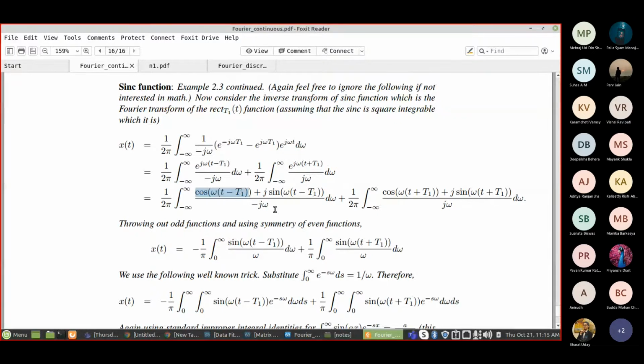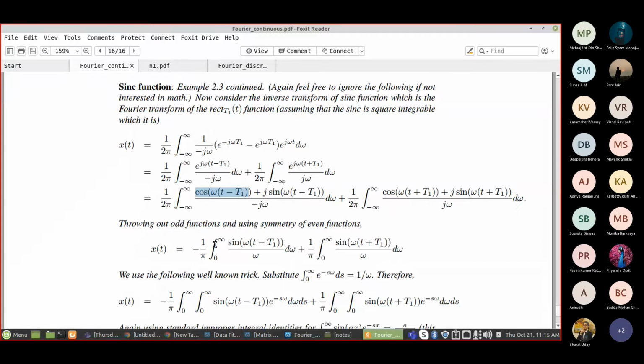So sine over ω, these two terms will survive. And this integral now, we can just consider the integral over 0 to infinity and 2 times that. So this half factor cancels out. The negative sign is coming in from here, no negative sign in here.